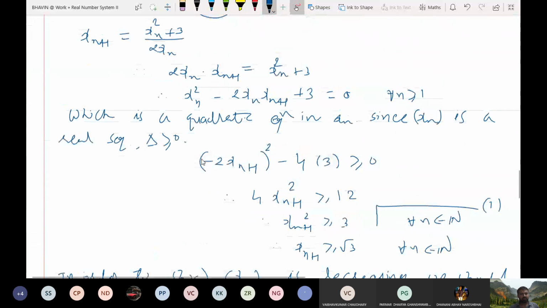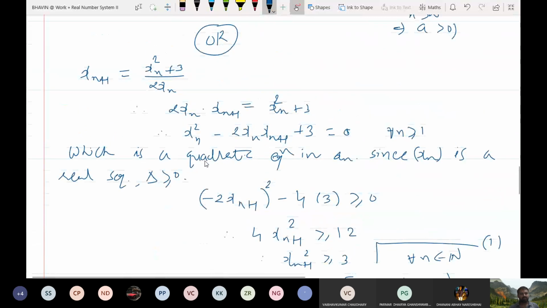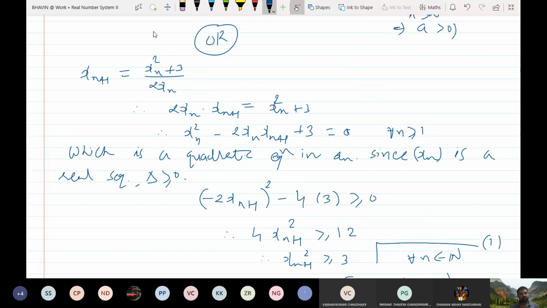Clear? ये आपको आइडिया आ जाना चाहिए कि ऐसा कुछ दिया हो तो should I get a quadratic equation in xn plus 1 or in xn? अब भाई ठीक है? ठीक है सर। So in this way you can prove a sequence is convergent.